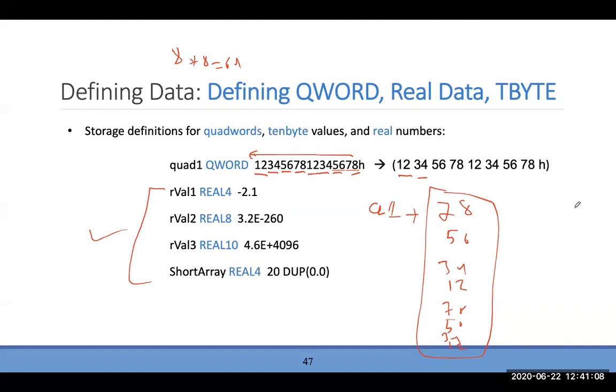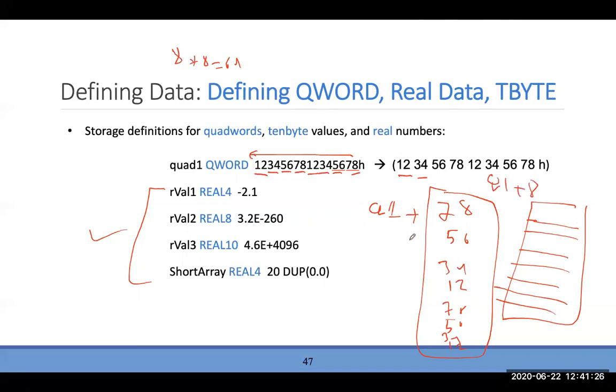If you need to have another memory, it's going to be next to it. So this is going to be what? 8, 0, and this is going to be 8. 0 plus 8, you're going to go to the other memory, which is going to be 1, 2, 3, 4, 5, 6, 7, 8 bytes. So if you want to access this memory, you're just going to say quad 1 plus 8. This is plus 0. It's just the quad.